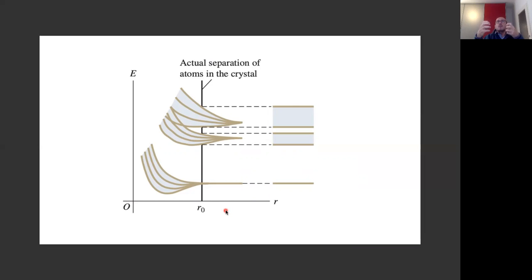If you add an additional term to the energy at higher temperature, that will allow the central position of the atom to be displaced to larger values of R.